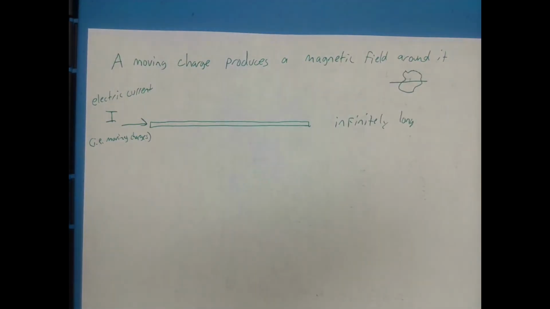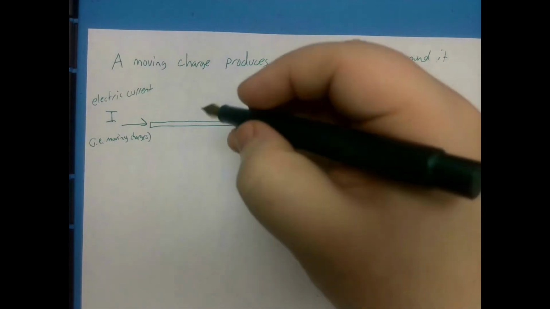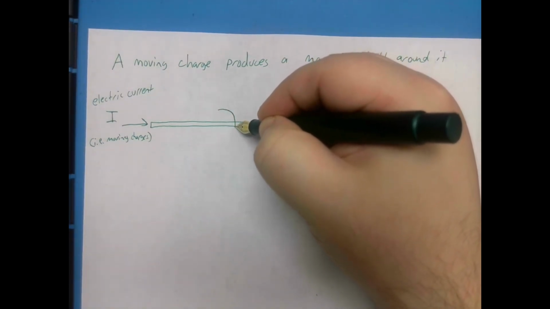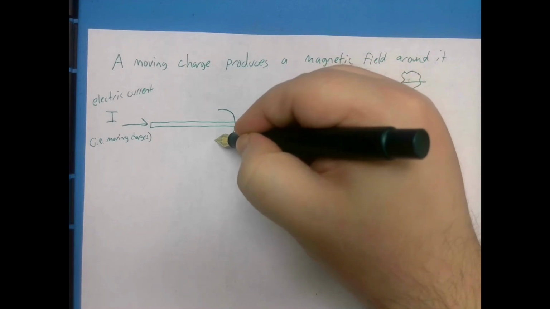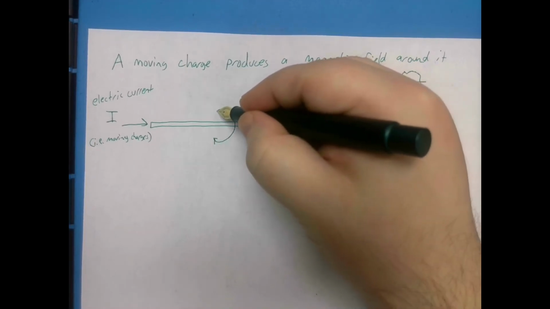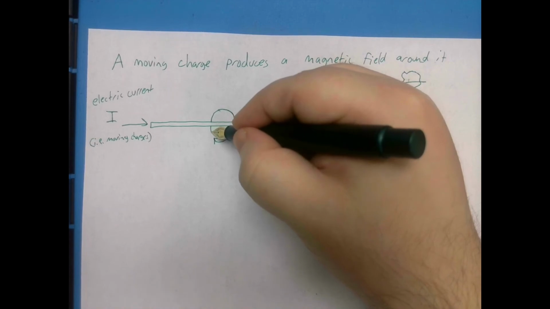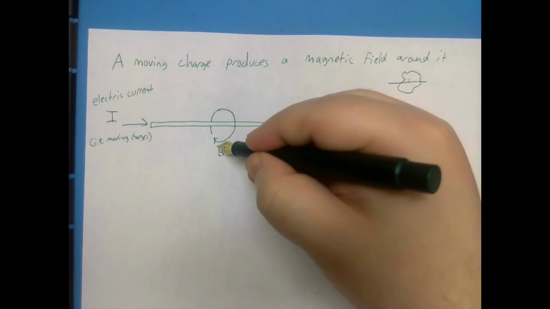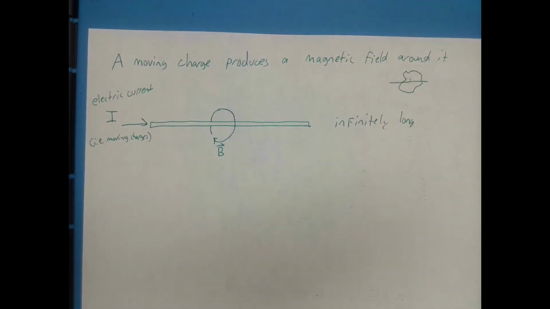So I'm going to go underneath, wrap around, and point it toward me. So it's going to come around and wrap like this. So this magnetic field here.